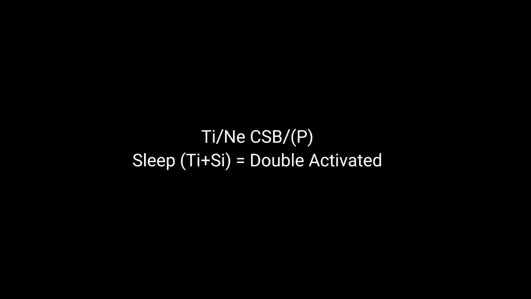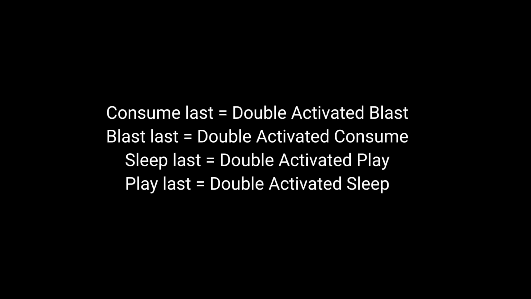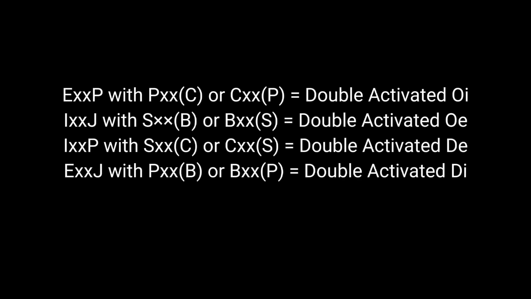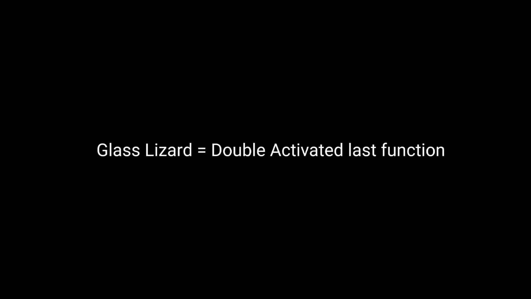An easier way to find this is by looking at the last animal and looking at the animal that's on the other side of that coin. So for example, if you have consume last, your blast will be double activated. Some personality types have their last function double activated. These types of personalities are called glass lizards.